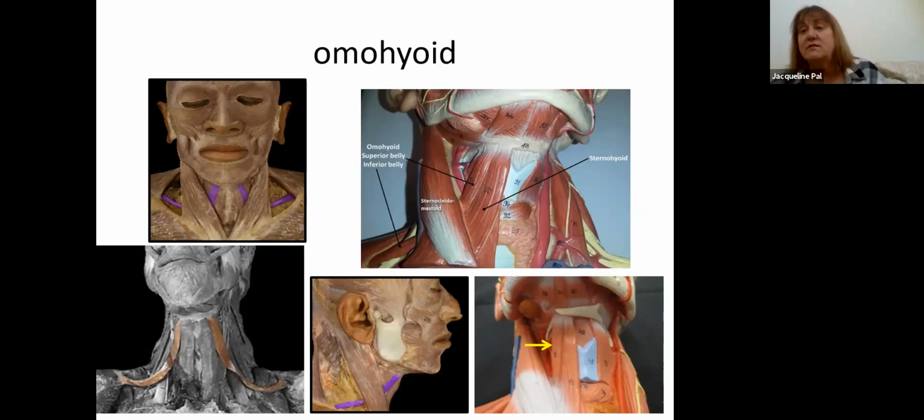And this is another muscle giving you the origins and insertions in its name. Omo is a word that means shoulder. So this muscle extends from the hyoid bone, comes inferior at a slight lateral angle, and then makes a turn towards the lateral aspect. Okay, so it also has two bellies.